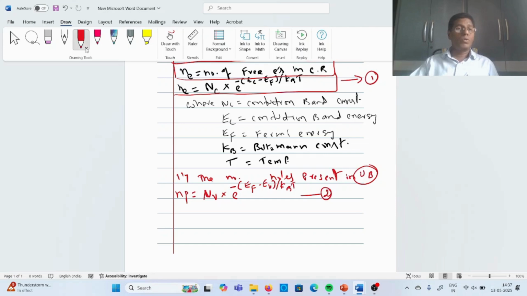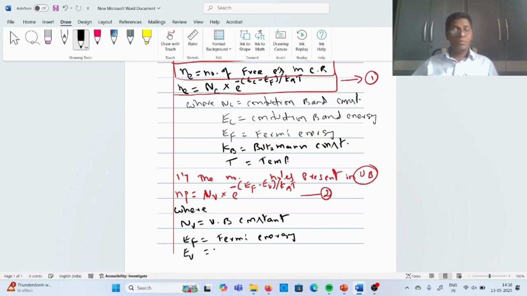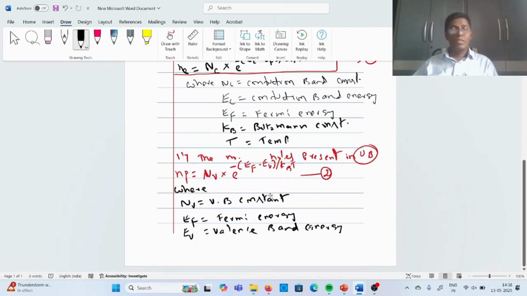Now in this equation number 2, Nv is equal to valency band constant, next Ef is equal to Fermi energy as discussed in the previous, and Ev is equal to valency band energy, then followed by Kb is a Boltzmann constant, and T is the applied temperature.